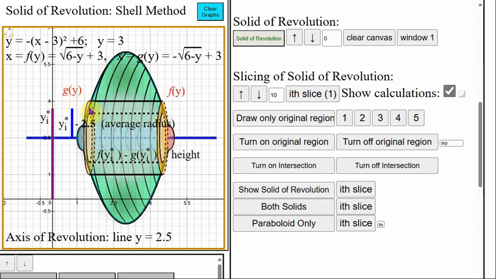So the distance from here to here is the height of the ith shell. Now we can find the volume for this ith shell.